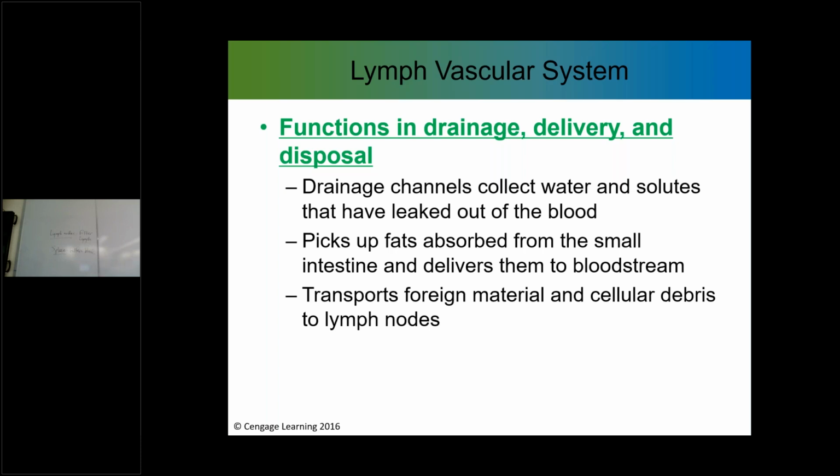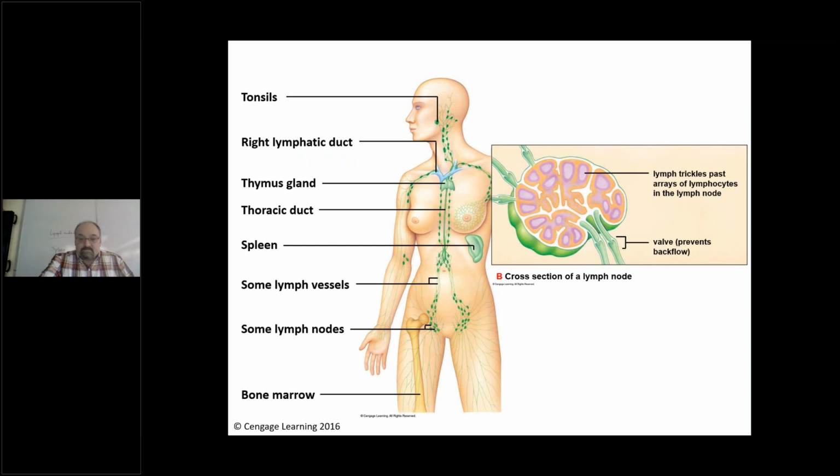It's going to also transport foreign material, cellular debris. Cellular debris you can think of as cells that are no longer doing their job. So we need a clean up crew. We need to get rid of them and recycle the material that they're made up of. And again, this image here is just reinforcing the components of the lymphatic system as well as the lymph node.